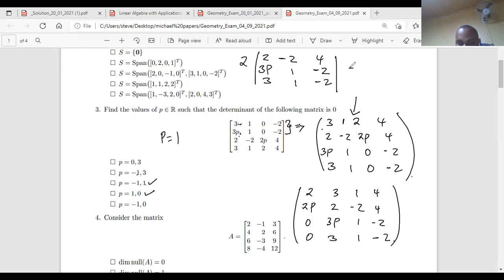And then minus 2p, 3, 1, 4, 3p minus 1 minus 2, 3, 1 minus 2.